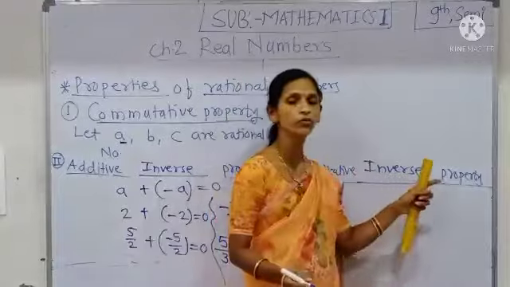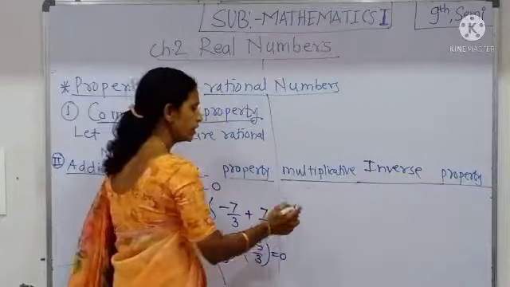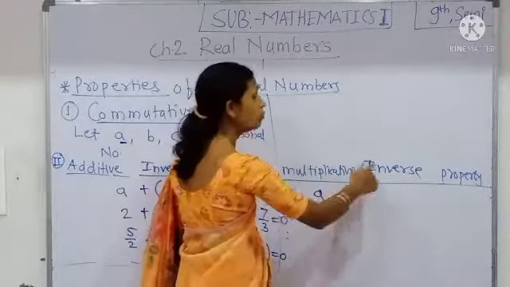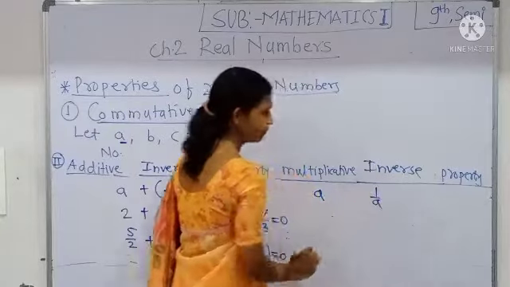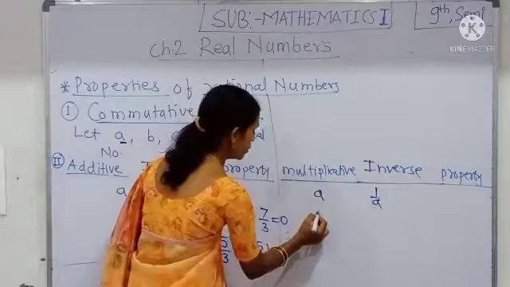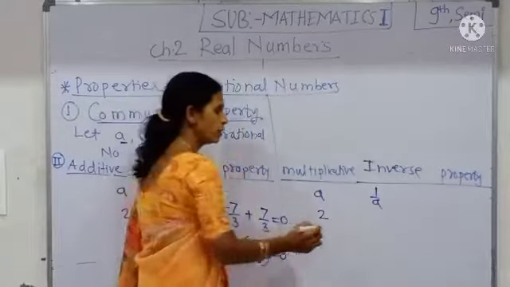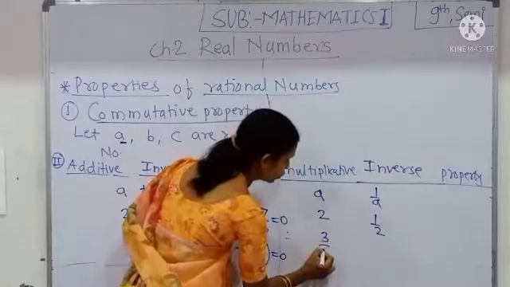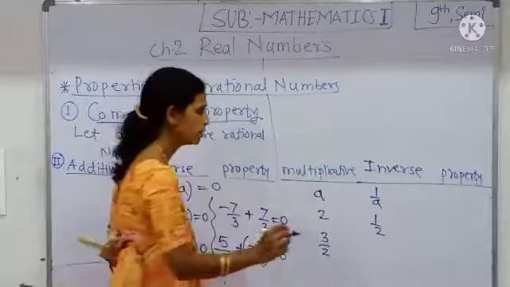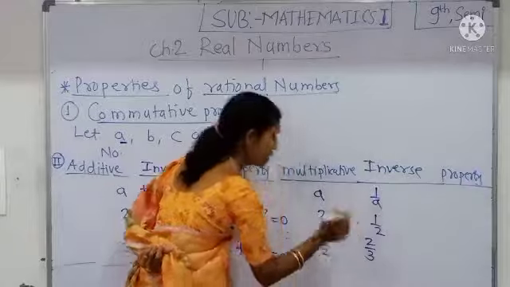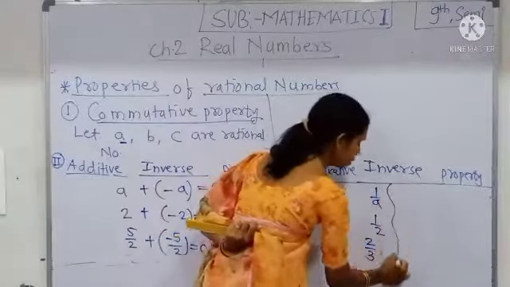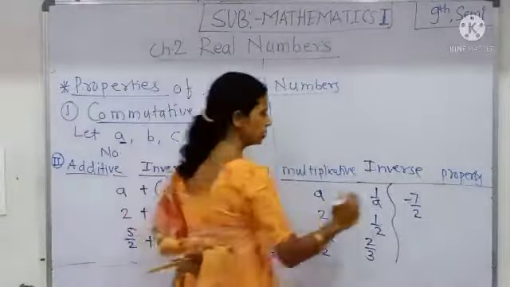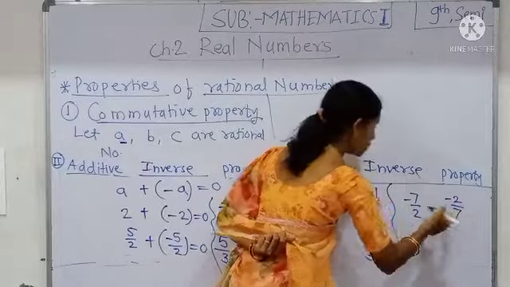Similarly, multiplicative inverse, all of you studied about that. Here, if A is a rational number, then the multiplicative inverse of A is 1 upon A. For example, 2 is a rational number, then 1 upon 2 is its multiplicative inverse. If 3 upon 2 is a rational number, then 2 upon 3 is its multiplicative inverse. If minus 7 upon 2 is a rational number, then minus 2 upon 7 is its multiplicative inverse.